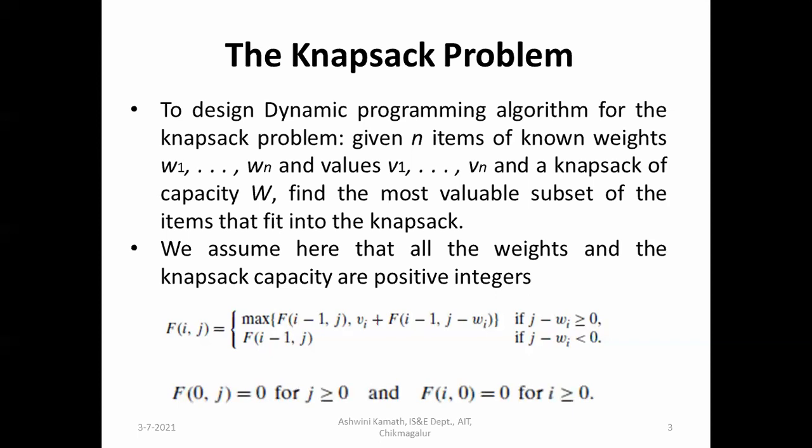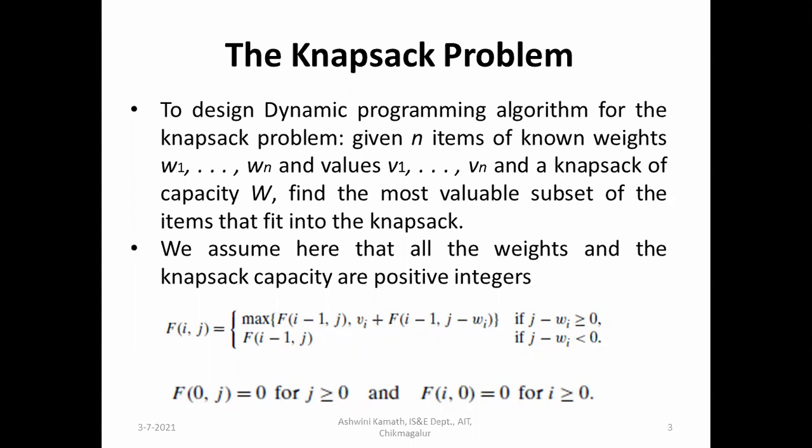Okay, and the initial values for the dynamic programming table: the first row and first column will be 0. f of 0 comma j is equal to 0. Sorry, 0 comma j means the first row.